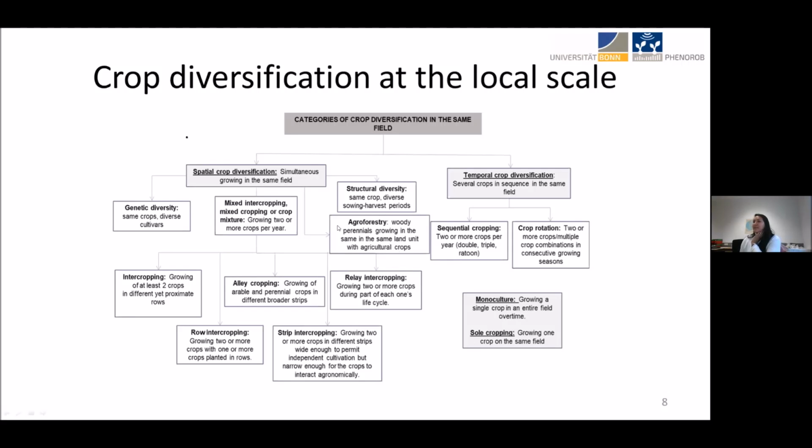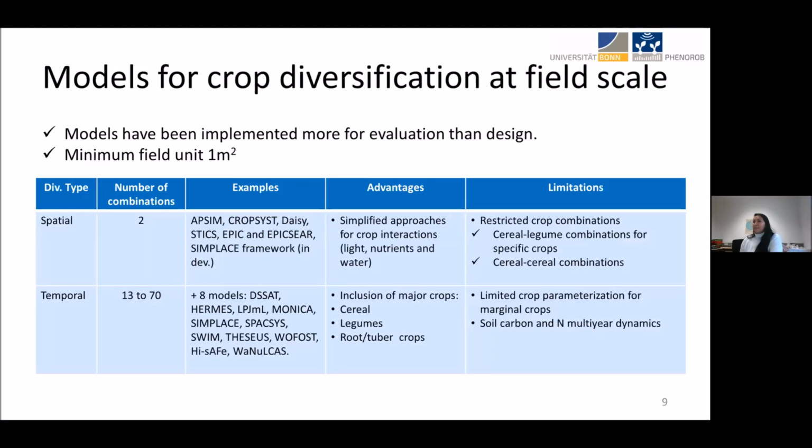Depending on the mixture, there can be a minimum of 2 crop species mixed, up to an undefined number. And for temporal diversification, typically we have crop rotations, the sequential growing of one crop after the other in the same field.